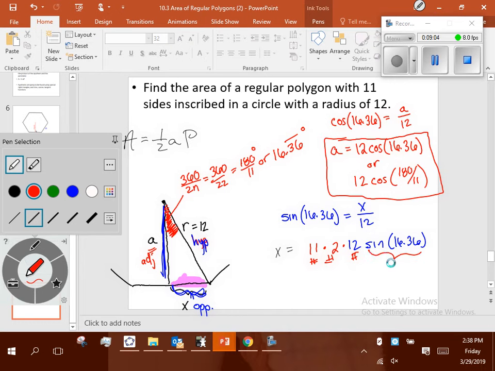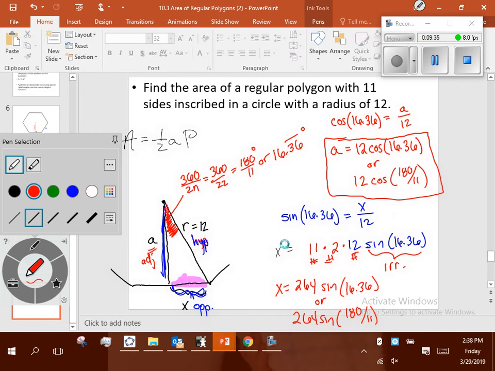That's also a number, but that's irrational, right? Which ones work the best together? 11, 2, and 12. Let's multiply those together, and you get 264. So the perimeter equals 264 sine of 16.36, or 264 sine of 180 over 11, right?